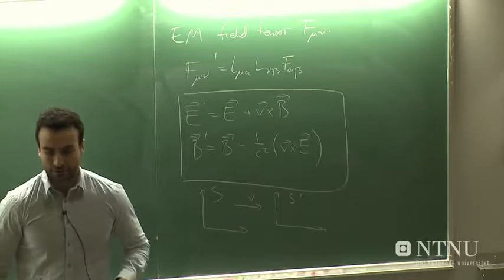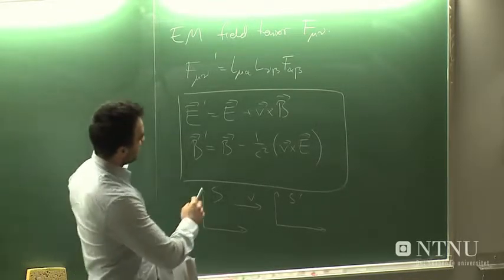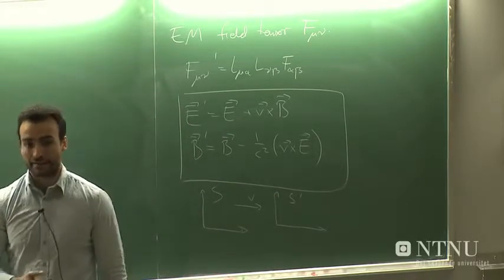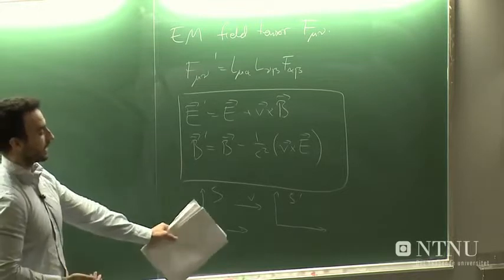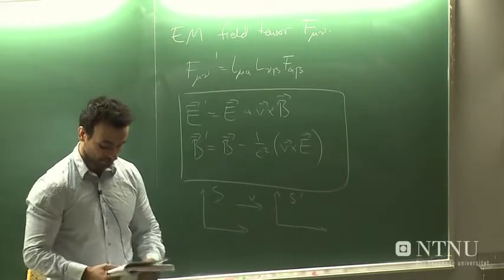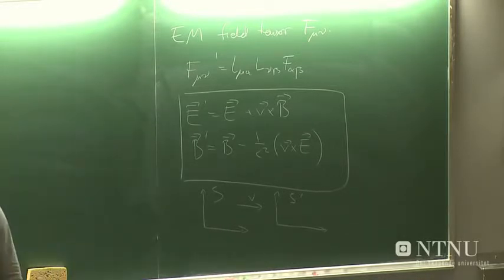And we also discussed a bit about how these equations actually imply that an observer here in S prime will experience a net field even if there is no net field in S, as long as there is a magnetic field. And we also mentioned how we can understand the phenomenon of spin-orbit coupling from these equations.